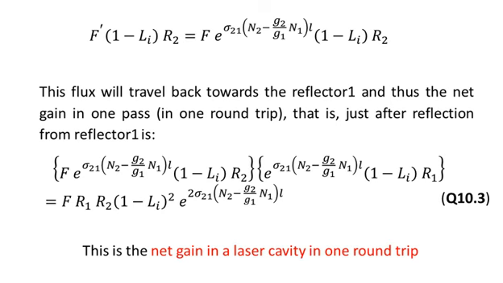And this is equal to the right hand side, or the last term of equation 10.3, which is f into R1 into R2. Within the bracket we have minus 1 minus Li whole squared, and into e to the power 2 sigma 21 into within bracket N2 minus g2 over g1 into N1 into L. So this is the net gain in a laser cavity in one round trip.